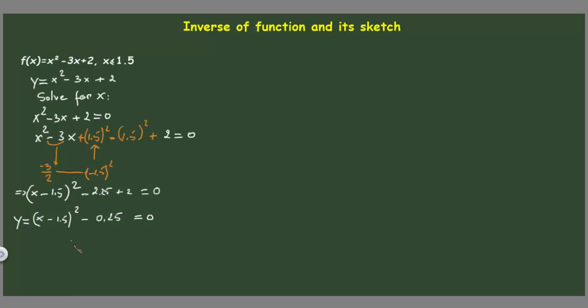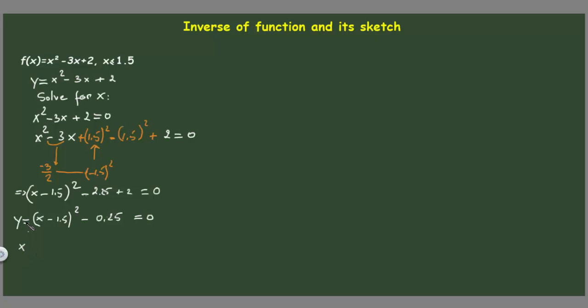This is a vertex form, and it means that if you have such a function and you want to find its inverse, you first of all need to write it in vertex form, and that will make it easier to switch the x's and the y's. So we can switch it now.